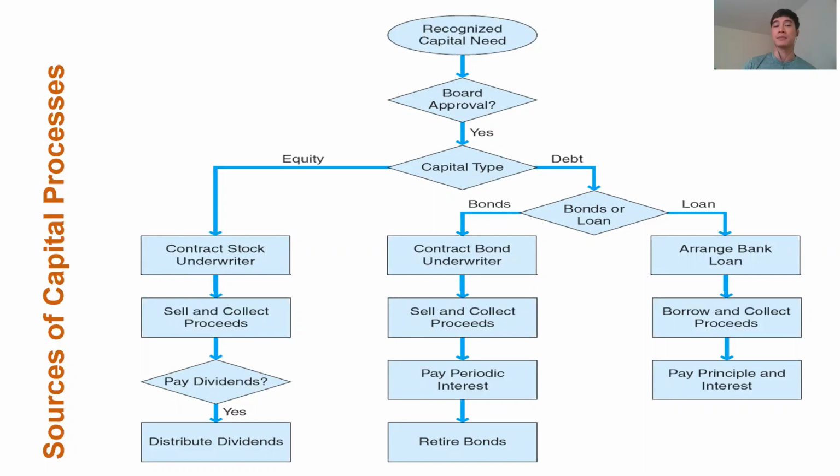Sometimes top management may recognize the need to raise capital. This need might arise from a desire to accomplish organizational goals that require substantial funds, such as expanding the organization, replacing a substantial amount of plant, property, and equipment, or acquiring other businesses.